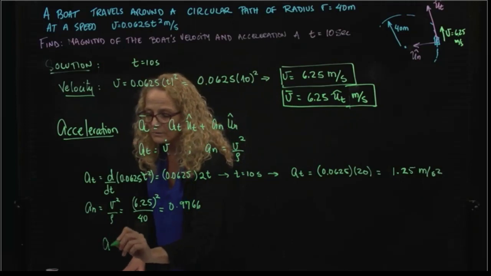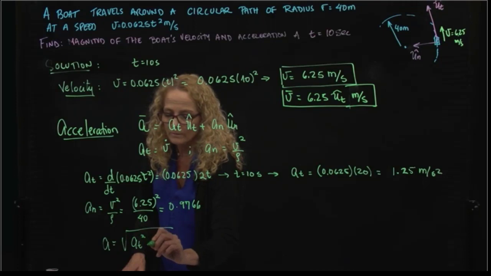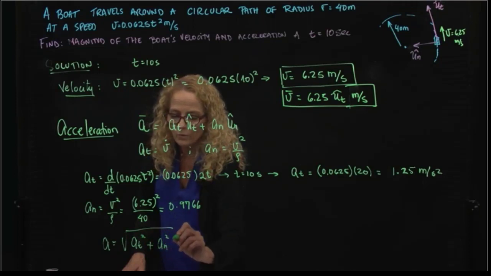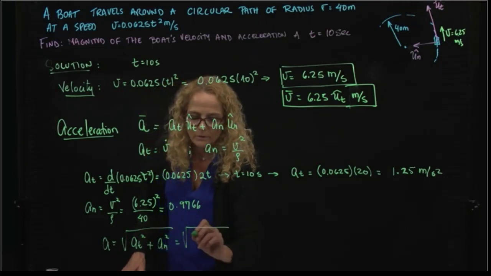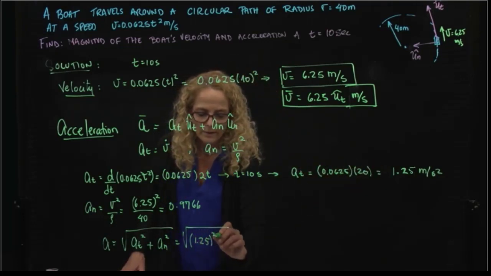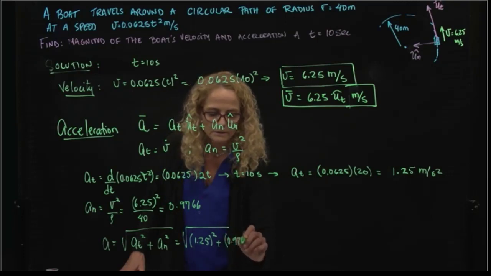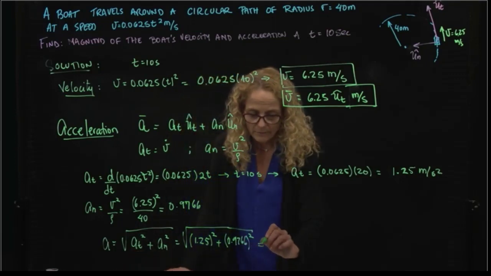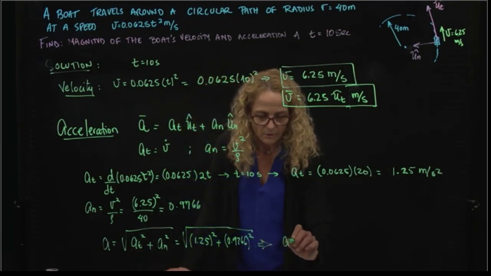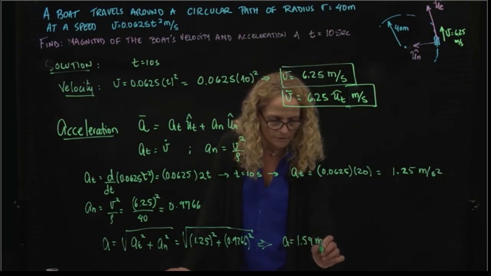So the magnitude of acceleration will be the square root of t squared plus n squared, that is the square root of 1.25 squared plus 0.9766 squared. And that gives me an acceleration of 1.59 meters per second squared.